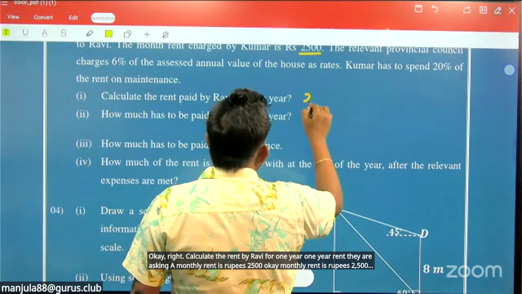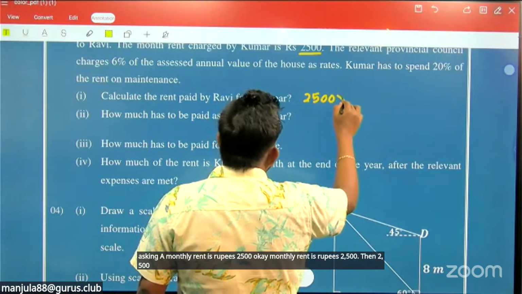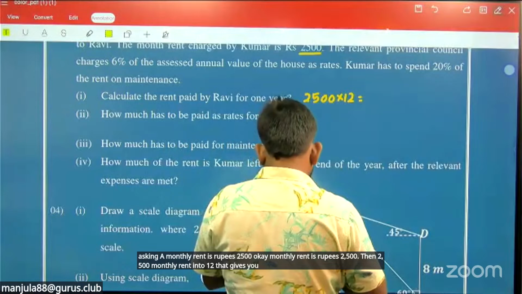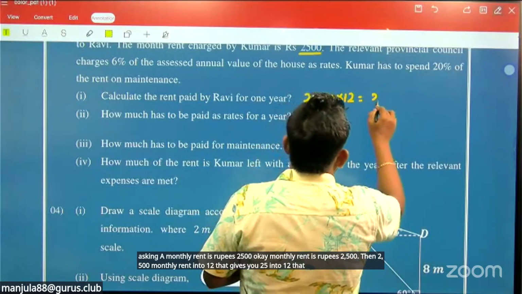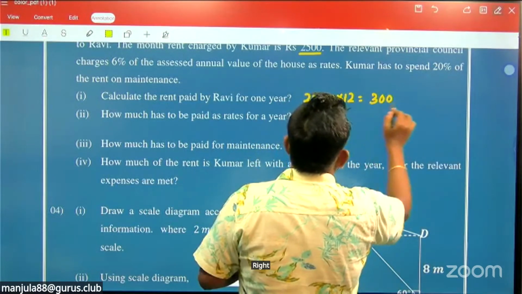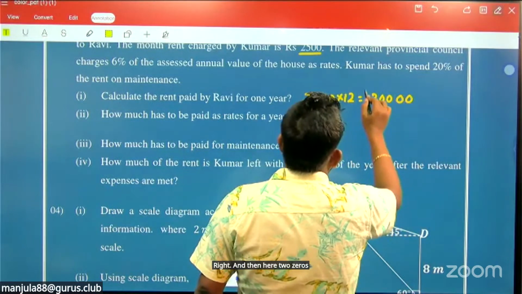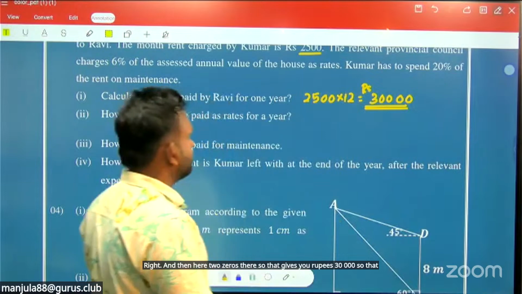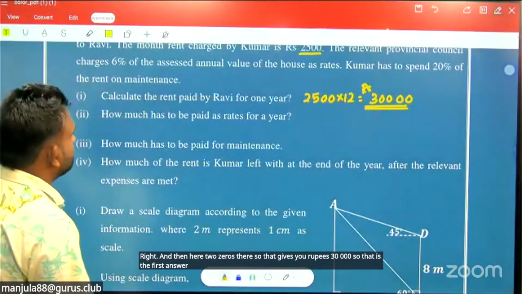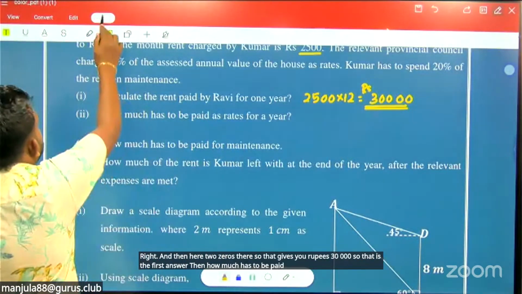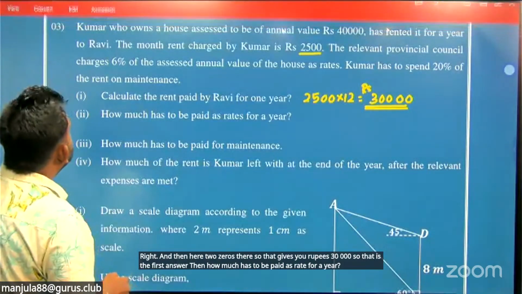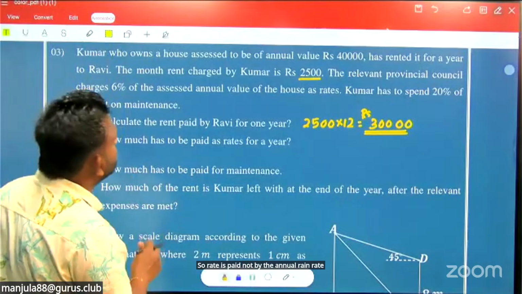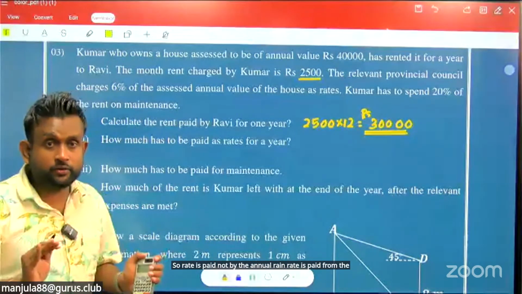Then 2,500 monthly rent into 12, that is 25 into 12, which gives you 300, and with the two zeros there, that gives you rupees 30,000. So that is the first answer. Then how much has to be paid as rates for a year? Rates are paid not on the annual rent, but on the annual assessed value of the property.